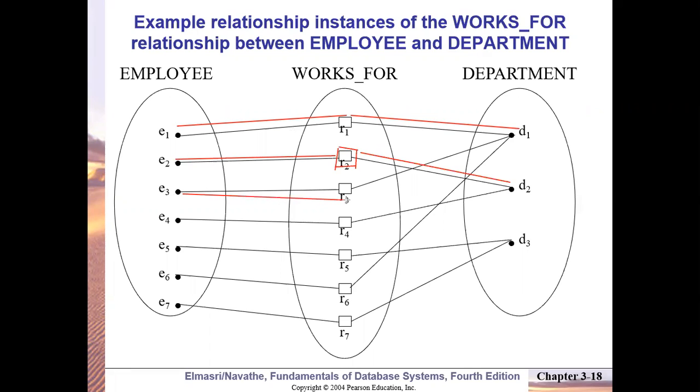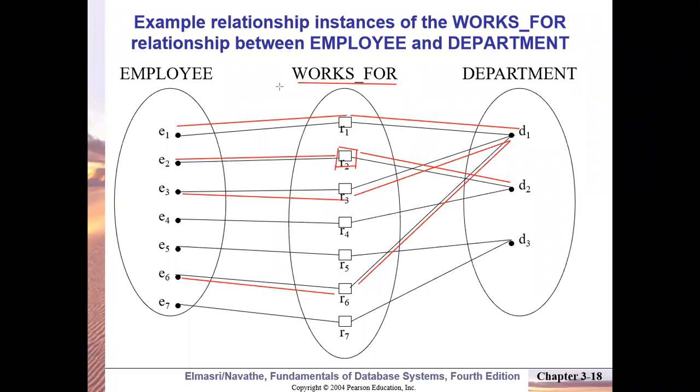Can you see here, E3 also works for the same department D1 as E1. So E1 and E3, both of them together, work for one department. Similarly, E6 also works for the same department. So that is possible. Multiple entities can be associated with a single entity in another entity type. Anyways, R1, R2, R3, R4 are individual relationships, whereas works for is a relationship type.